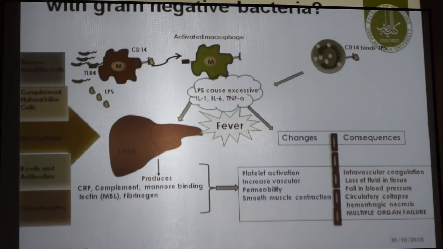And as a result, what's the final outcome? There can be multi-organ failure. When the blood supply to the kidneys, the brain and the heart is reduced, the vital organs will be damaged. So there is multi-organ failure as a result of endotoxic shock. It's a very severe condition. That's why it has to be dealt with as an emergency.